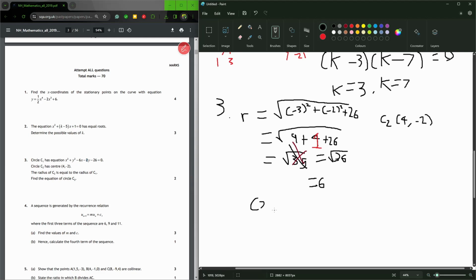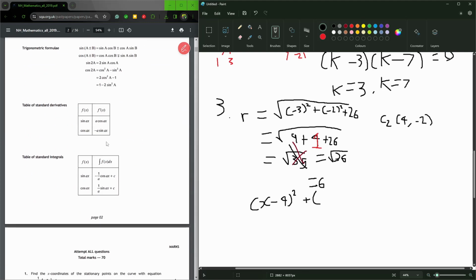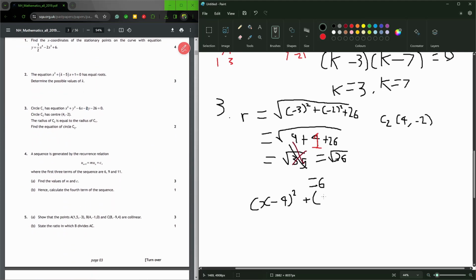Is this right? So, x minus 4 all squared plus, because I'm just using this formula here, a and b correspond to the center, as you can see here, but you just minus them. And then y minus a minus, that's a positive, so plus 2.